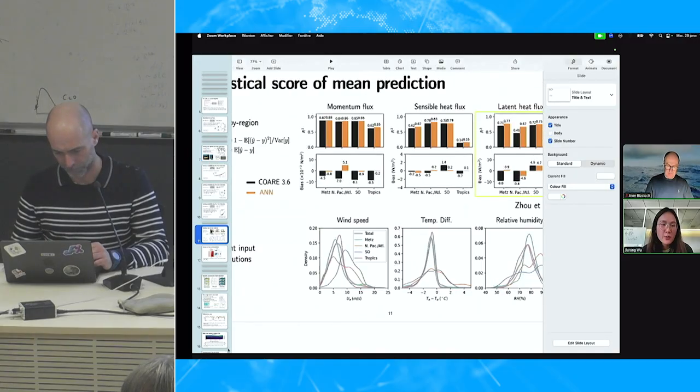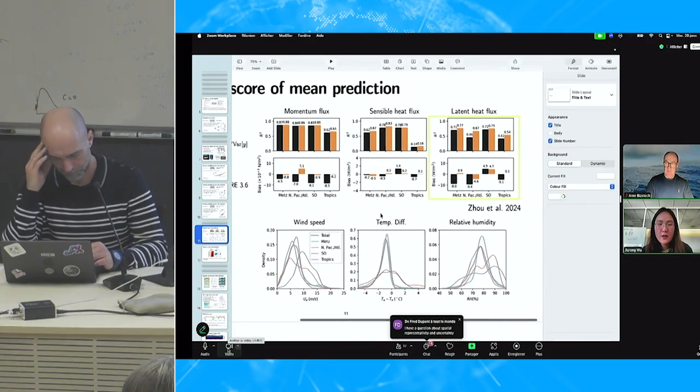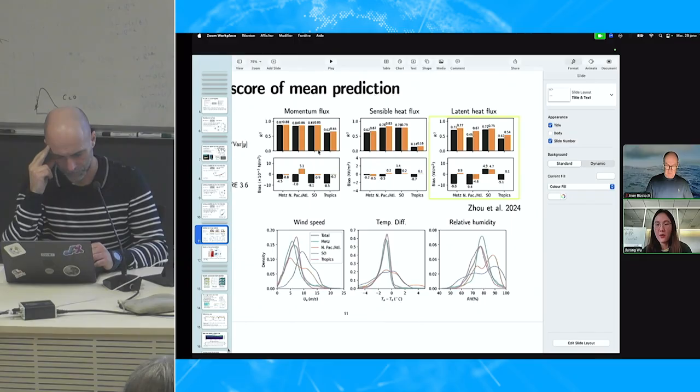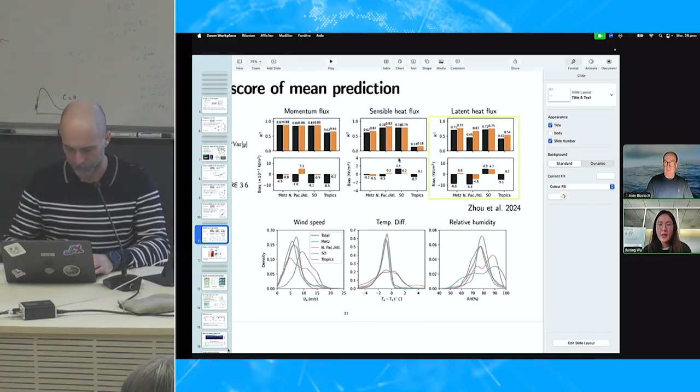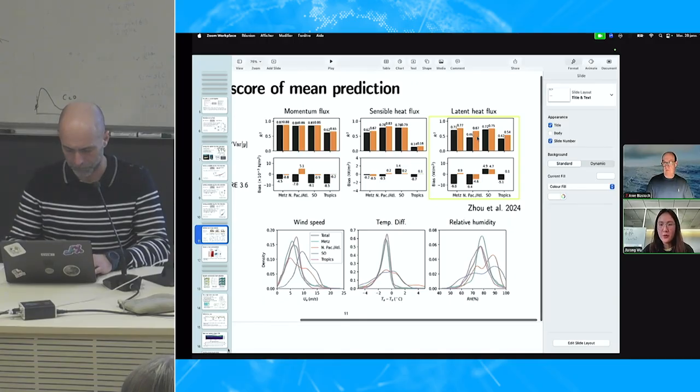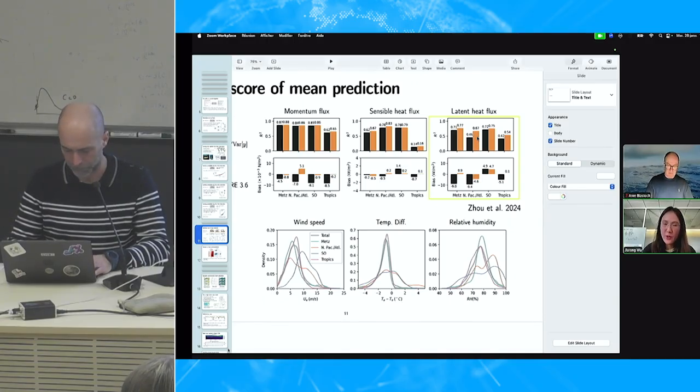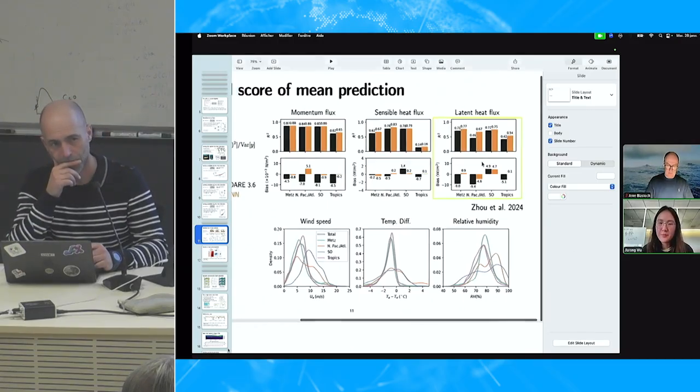Also, I think what gave me confidence is again this plot where I show both algorithms. Although their scale really varies across different geographical regions, I'm not seeing much worse from the neural net than from the bulk algorithm itself in certain regions.